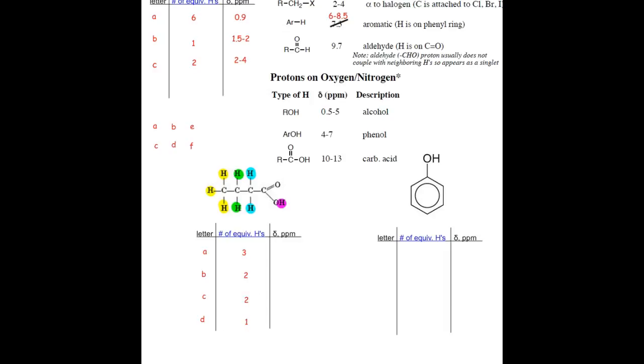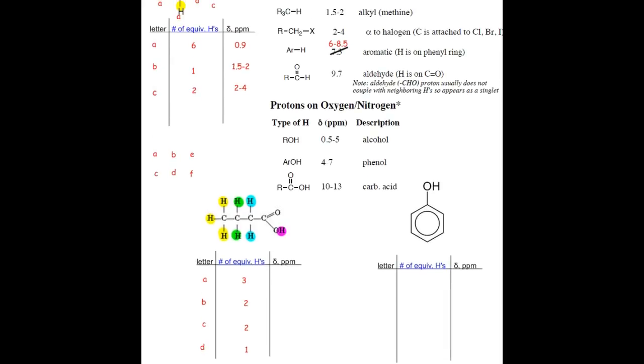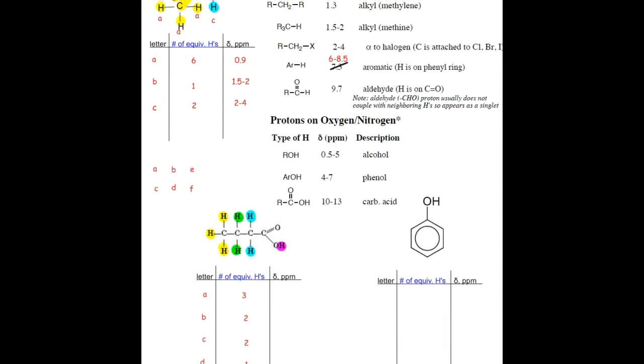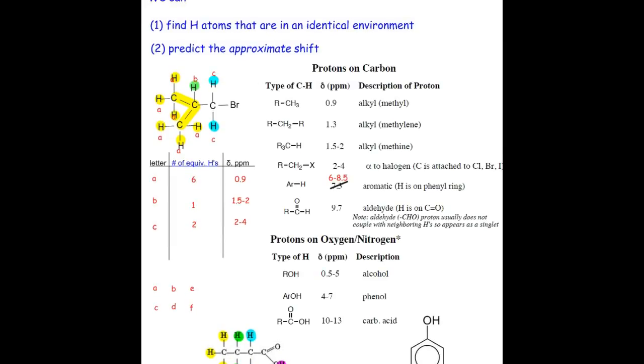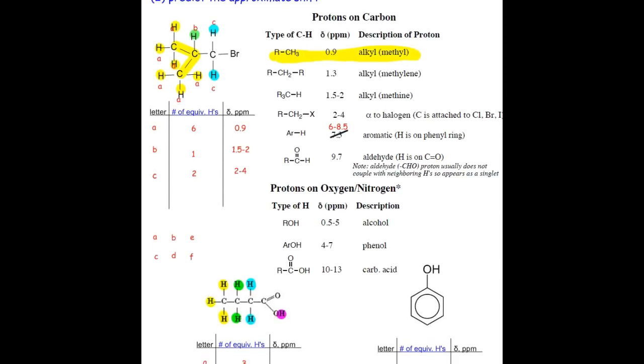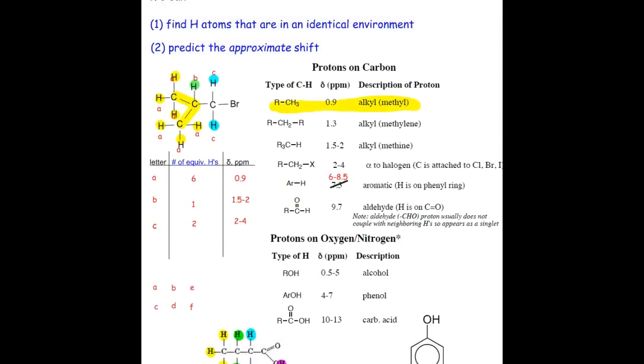with equivalent hydrogens. And now I look at my chart and figure out where they are. My 3 that are part of a CH3, that's this one. My 2 that are part of a CH2.